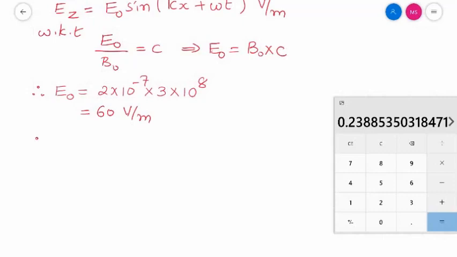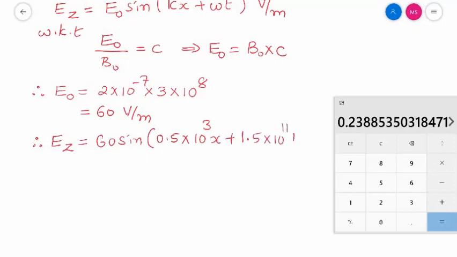Therefore E of z will be equal to 60 sine (0.5 into 10 raised to 3 x plus 1.5 into 10 raised to 11 t) volt per meter. This will be the expression for electric field.